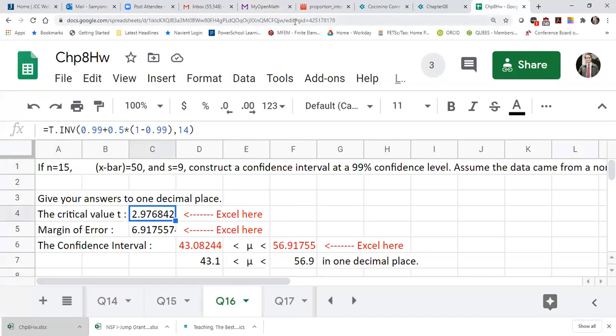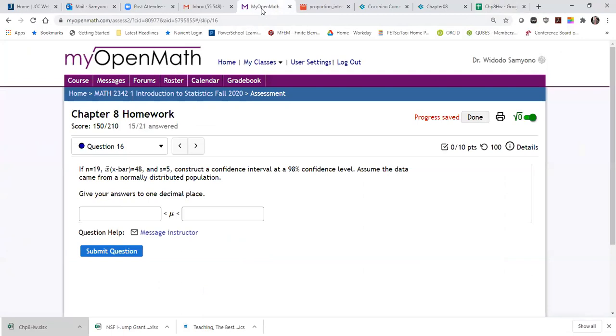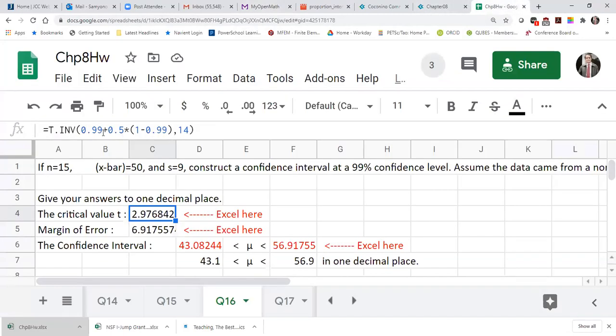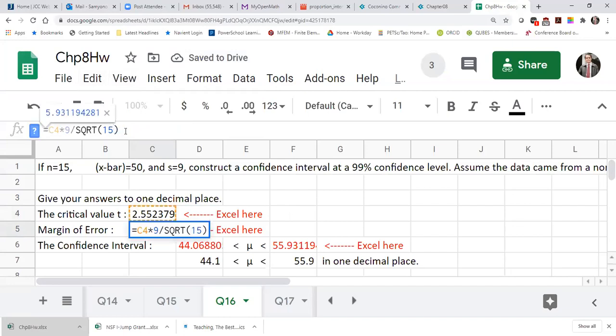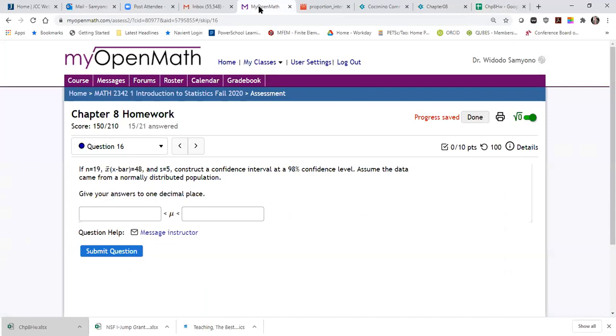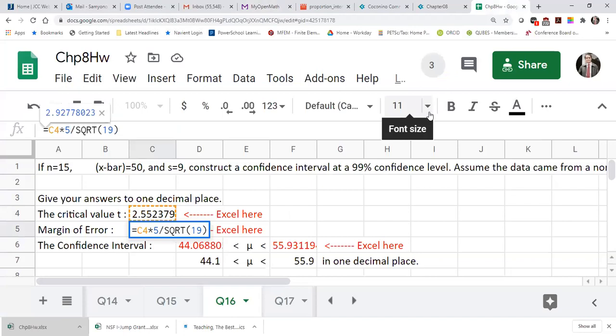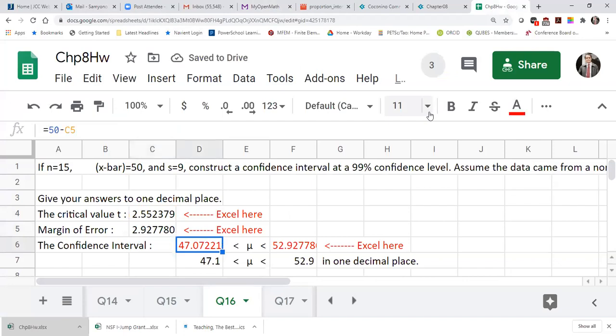Okay, so let's go here. 98, 98, 18, 19. This is 5, because its standard deviation is 5, sample size 19. And then multiply by the critical value, which is C4. So the interval will be this one.